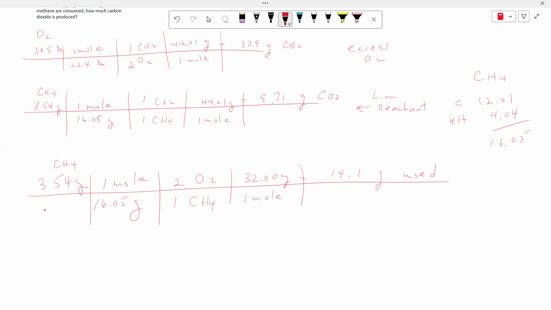So of the 34 grams of oxygen, we only used 14.1 grams of it.